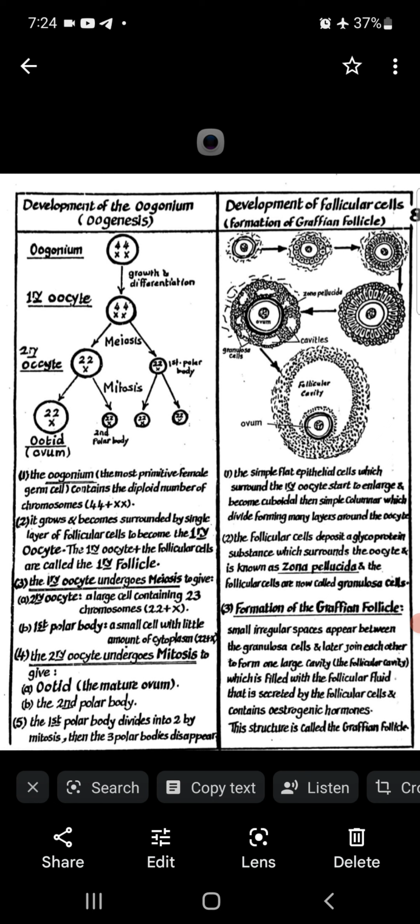Small irregular spaces appear between the granulosa cell, which release zona pellucida, and later join each other to form one large cavity, the follicular cavity, which is filled with the follicular fluid, and this fluid is secreted by follicular cell and contain estrogen hormones. This structure is called the Graafian follicle.